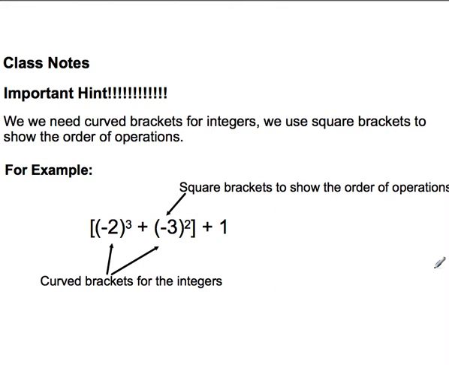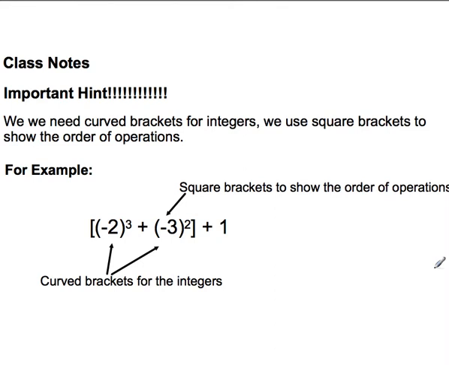An important hint to remember is we're going to get into a little bit more advanced types of order of operations. And sometimes you're going to have to denote the negative from the actual operation. So sometimes we're going to use curved brackets for the integers to show what is the base to my power. And then we're going to use square brackets to show which operation we want to do first.